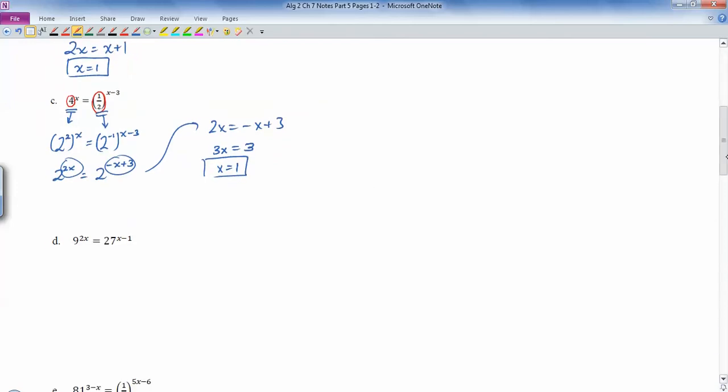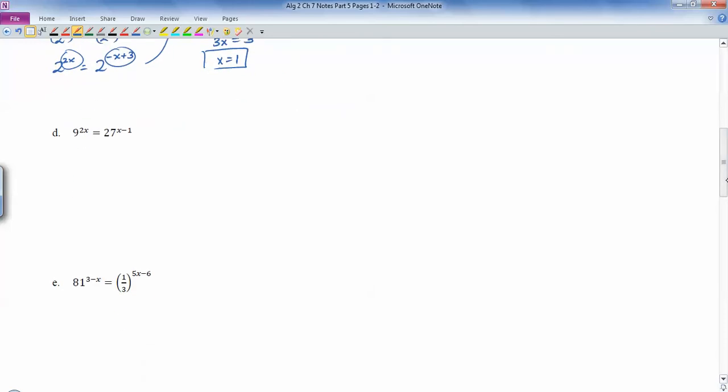Let's look at D. So in D, it's a 9 and a 27. And you can probably figure out, well, 9 is really 3 squared, and 27 is really 3 cubed. So the key is trying to find a number that you can work with, like a key value. And in this case, it's 3. So this one, power to a power, I'm going to multiply those together and get 3 to the 4x.